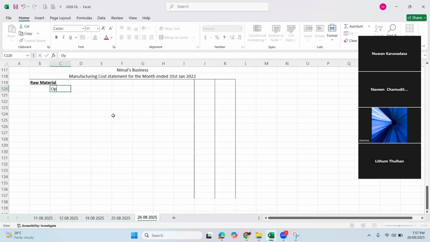Opening stock, then raw material purchases, then minus the closing raw material stock. Then you get the answer here, cost of material consumed.